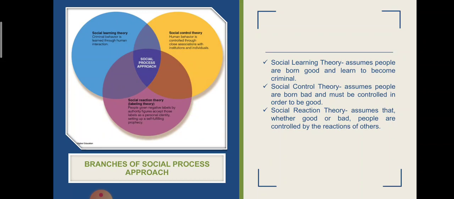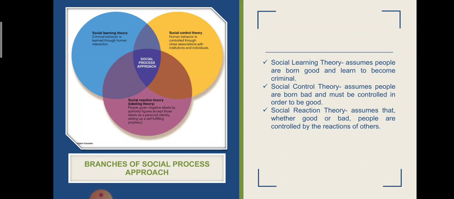First, we have the social learning theory. Criminal behavior is learned through human interaction. Social learning theory assumes people are born good and learn to become criminal. Okay, so let's tackle that one more in the next slide.